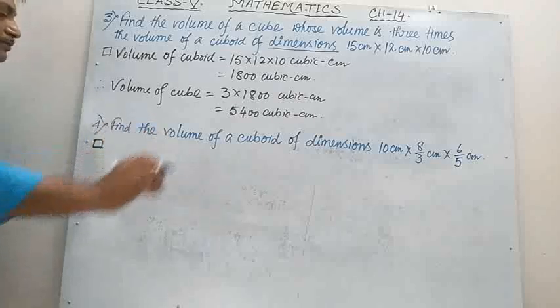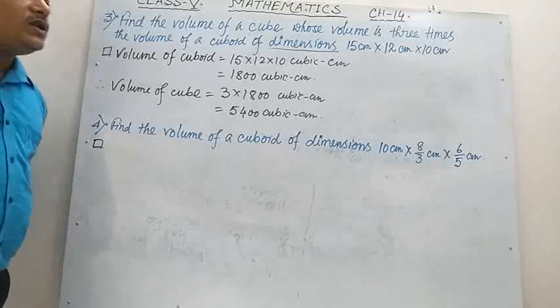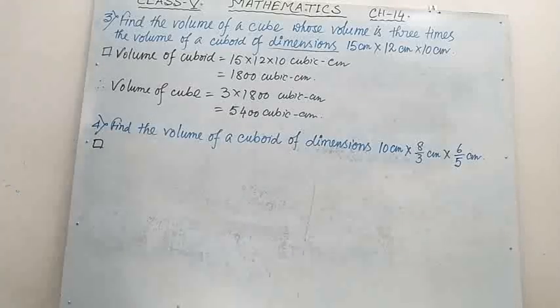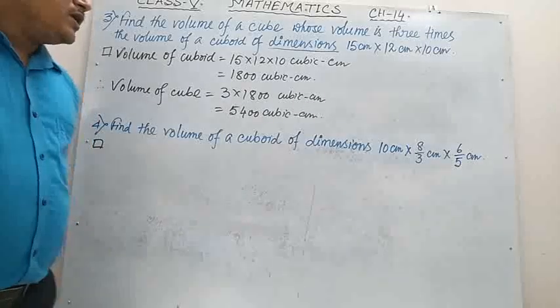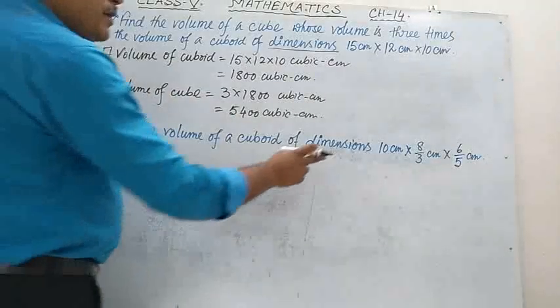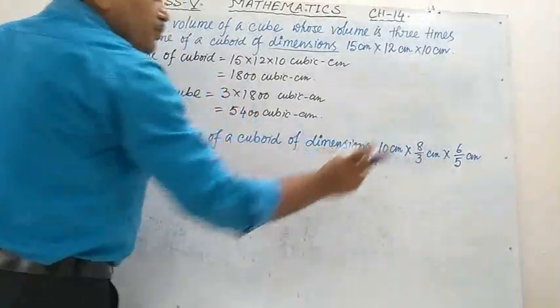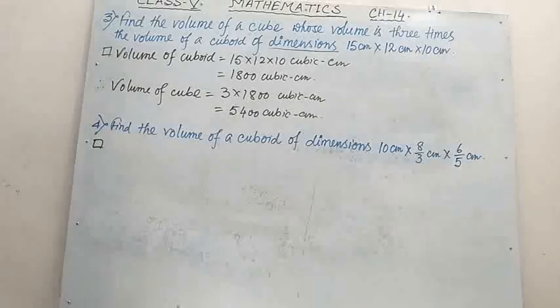Now the next one, number 4. Find the volume of a cuboid of dimensions 10 centimeter into 8 by 3 centimeter into 6 by 5 centimeter. As previously, the dimensions are given: first one is length, second one is breadth, third one is height.